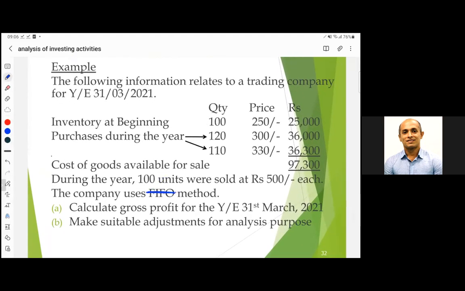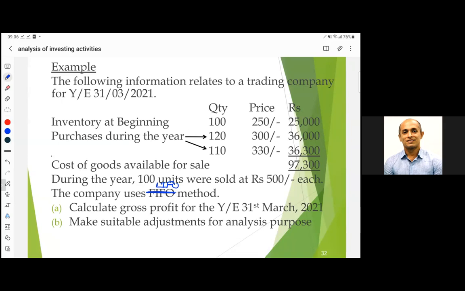Now let's see, the company uses the LIFO method. So if the company uses the LIFO method, let's see the adjustments. After that, we'll see the FIFO method.